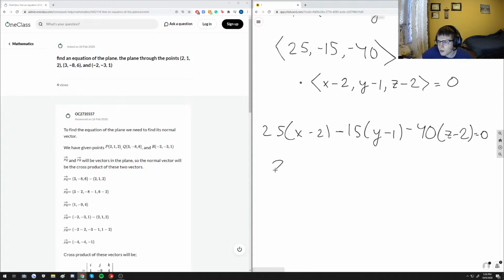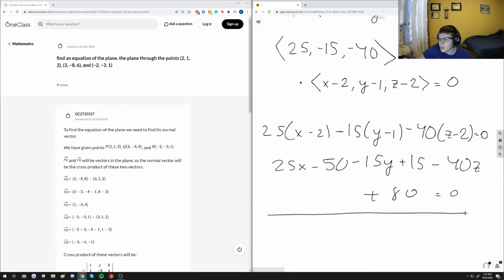So distributing out everything, we get 25x minus 50 minus 15y plus 15 minus 40z plus 80 is equal to 0. Finally, by combining like terms, our only like terms here are constants. So we are going to get minus 50 combined with plus 15, so minus 35.